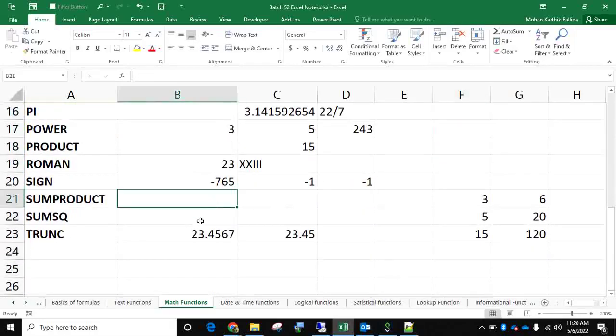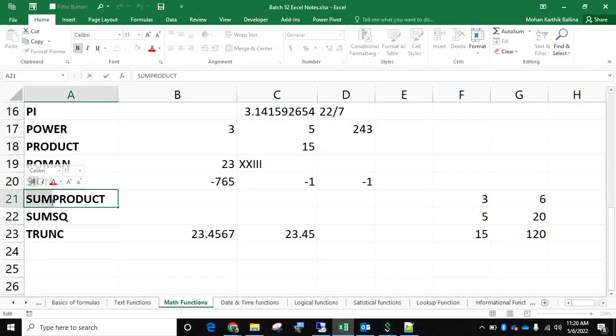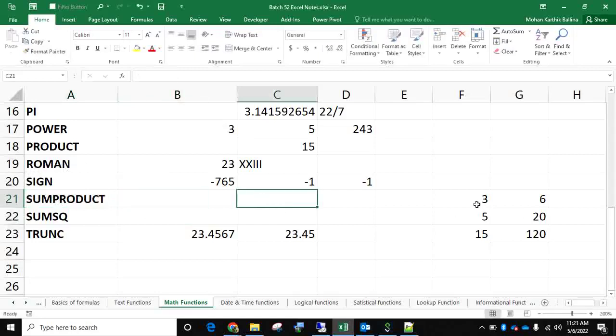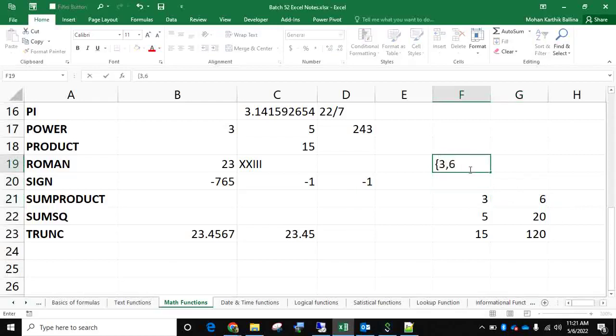Next, SUMPRODUCT and SUMSQ. Very, very simple. SUMPRODUCT, there are 2 different formulas. You need to give the set of values like this. Remember in our school days, 3, 6, this is one set. Second set, 5, 20. This is the second set.